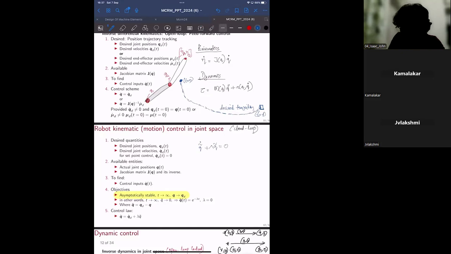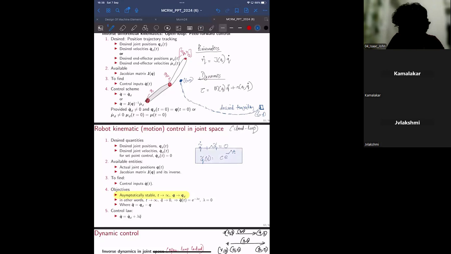If you try to force your robot to behave as per this control law, this asymptotic stability is pretty much guaranteed. I hope that is clear, because this is a first order differential equation, so the homogeneous solution would look something like this. q tilde of t is C, a constant, e raised to minus lambda t.